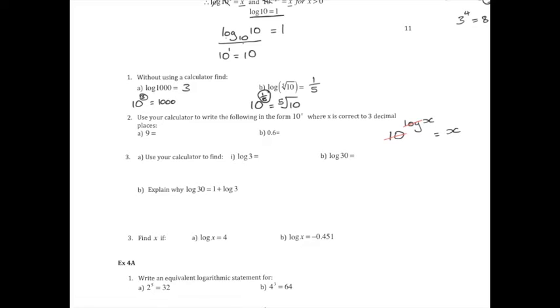That's the whole idea, because they're inverses of each other. Putting 10 to the power of something and finding the log of it will cancel each other out, because that's the whole idea behind the inverse. And you can actually check that with the example of 9. That means 9 actually equals 10 to the power of log of 9, because the 10 and the log actually cancel out and it equals 9.